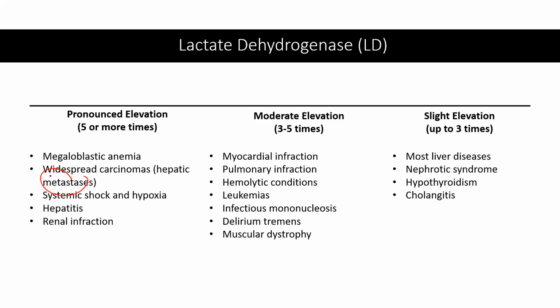Moderate elevation: myocardial infarction, pulmonary infarction, hemolytic conditions, leukemias, infectious mononucleosis, delirium tremens, muscular dystrophy. And most liver diseases have only slight elevation of lactate dehydrogenase, which is why it is not used much, unlike AST and ALT. Nephrotic syndrome, hypothyroidism, and cholangitis.